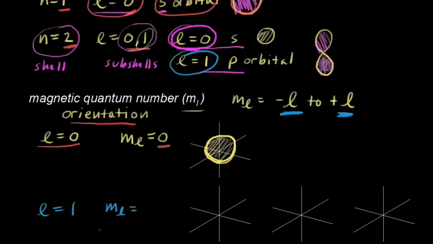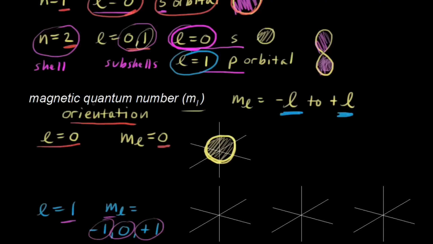So we can have negative 1, 0, and positive 1. So we have three possible values, right? So when L is equal to 1, we have three possible values for the magnetic quantum number. So 1, 2, and 3.